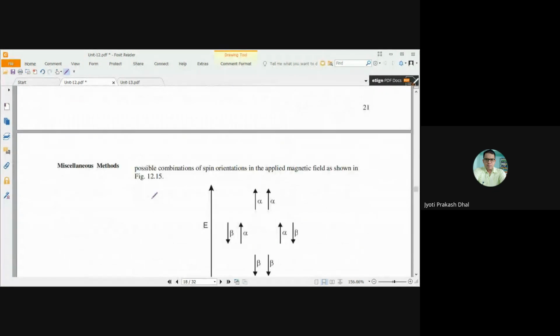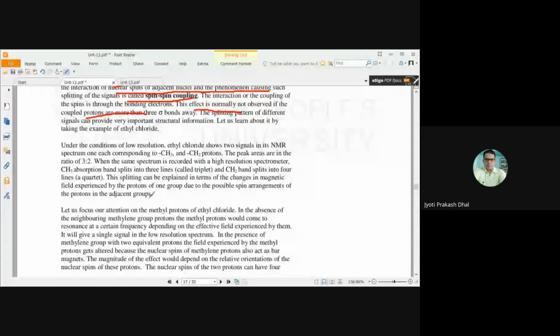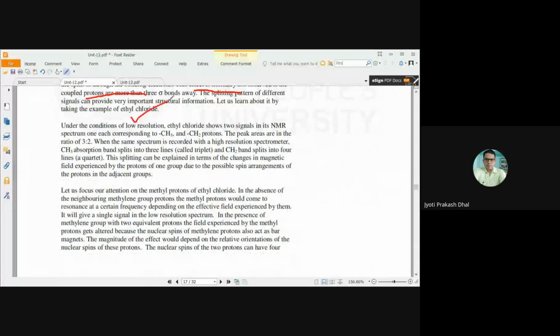So here we will observe spin-spin coupling compared with the condition of low resolution. Ethyl chloride shows two signals in its NMR spectrum. Ethyl chloride means CH3, CH2, Cl. If the resolution of the NMR is low, you will observe that the molecule contains two types of protons.